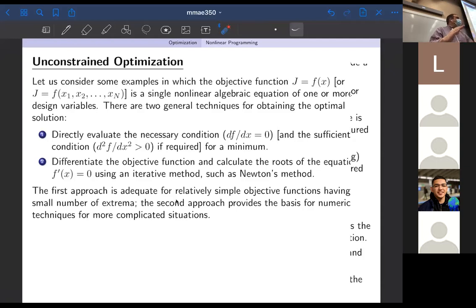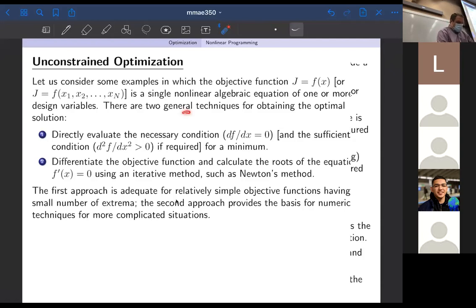All right, but there are no constraints. So if it's an f of x, I can plot it as I did schematically just a moment ago. And I can look for where the minimums and maximums are; those are the optimal solutions I'm looking for. So we're going to start off thinking that. So we can visualize it graphically. We can plot it using MATLAB or Python. We can see exactly how it behaves.